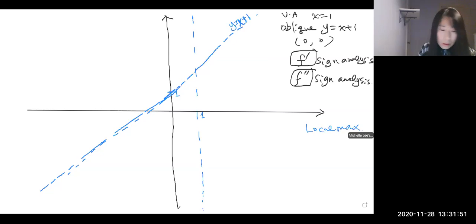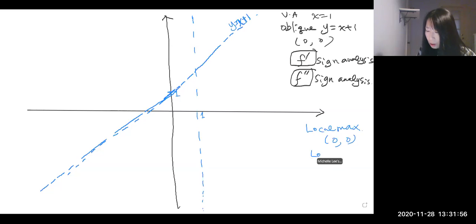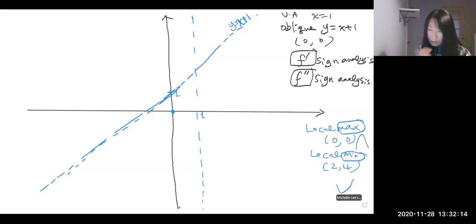When x equal to 0, y equal to 0, and we are finding a local minimum at 2, 4. Okay, so 0, 0. So local max, shape like this, right? Local minimum, shape like that. Okay, so then this is -1, this point, right?